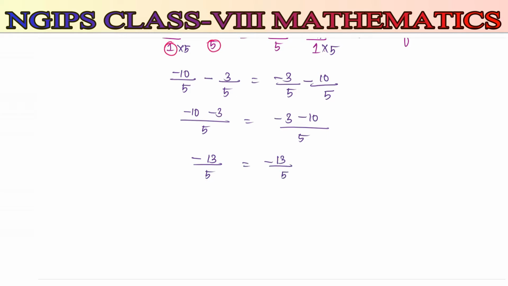It is an improper fraction, you can convert it into a mixed fraction. So here you will get minus 2, 5 2s are 10, remainder 3 by 5, and here also you will get minus 2 3 by 5.